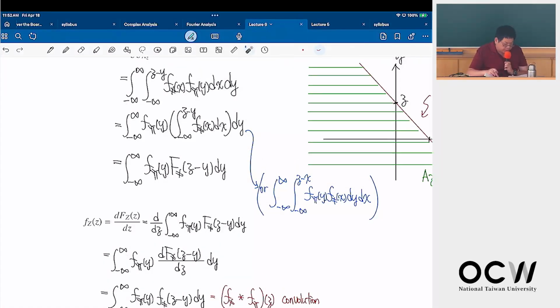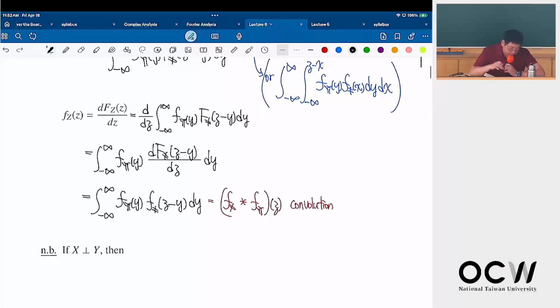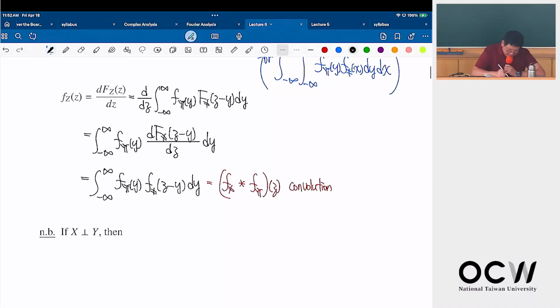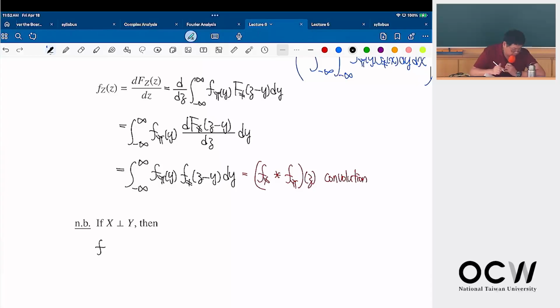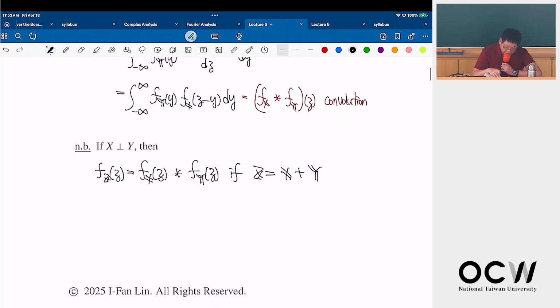So now here's a note. If x and y are independent, then for the sum of the two random variables, z, the PDF of z will be the convolution of the PDF of x and the PDF of y. Let's see this example.